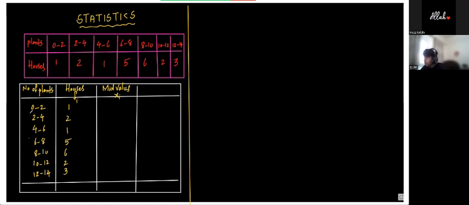So 0 plus 2 divided by 2 is 1. Then 2 plus 4 is 6, divided by 2 is 3. The midpoint of 4 to 6 is 5. 6 to 8 midpoint is 7. 8 to 10 midpoint is 9. Then 11, then 13.